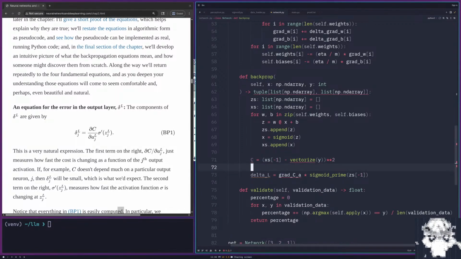The answer is going to be two times this. We have to distribute the square here. So it's this times this.